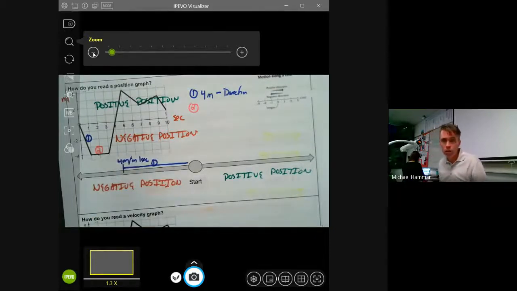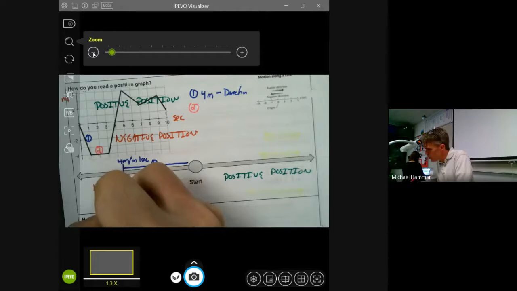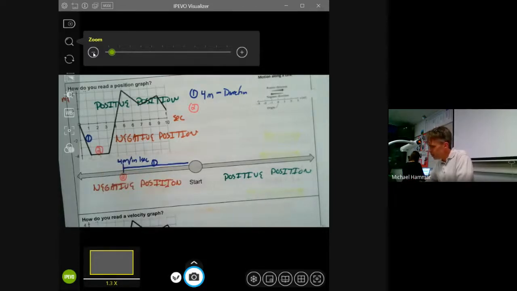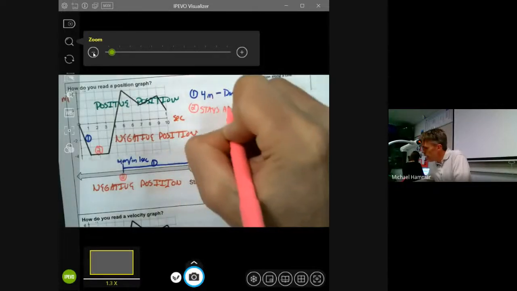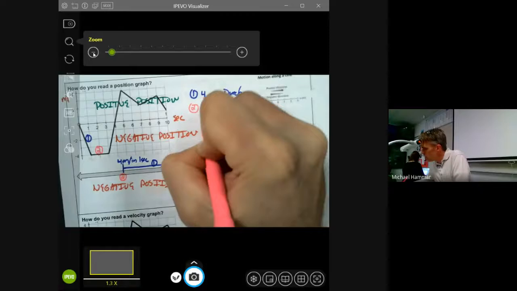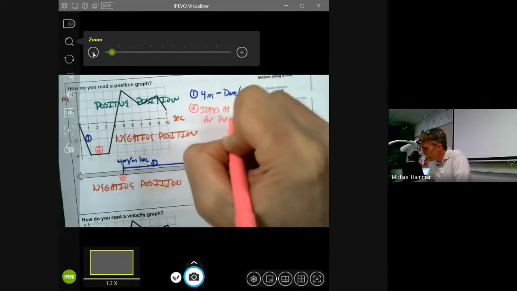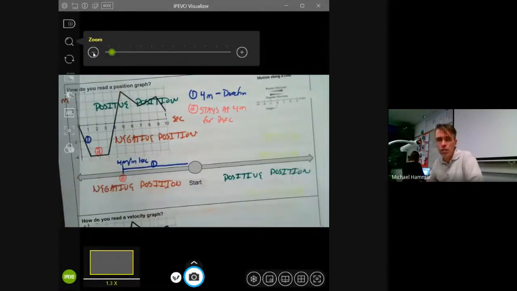Okay. Now, look at the next part. So for step 2, what is our particle doing? Well, step 2, it stays at 4 meters for 2 seconds. So it just sits there.